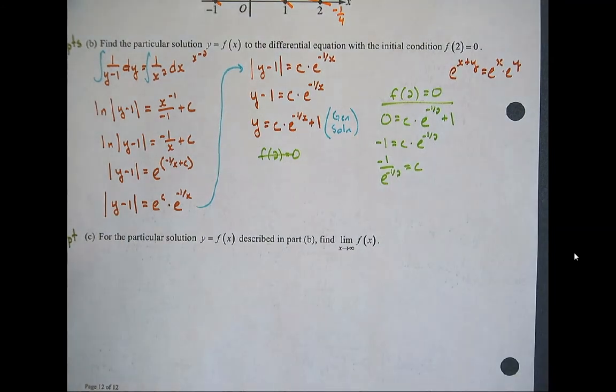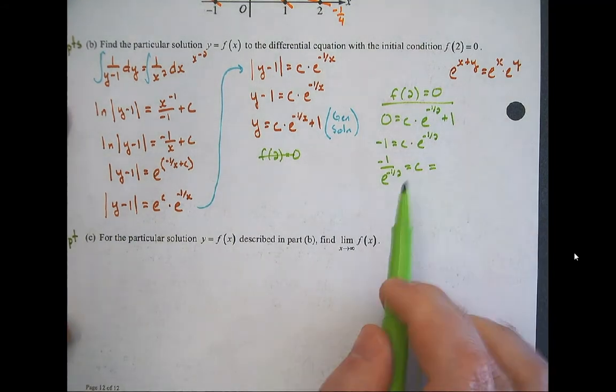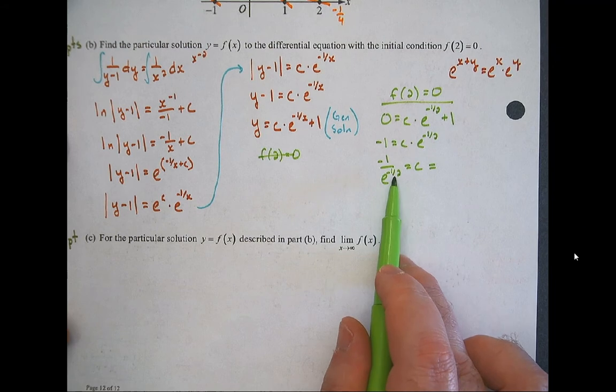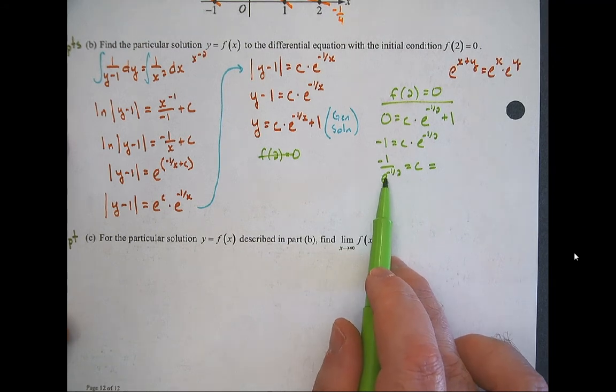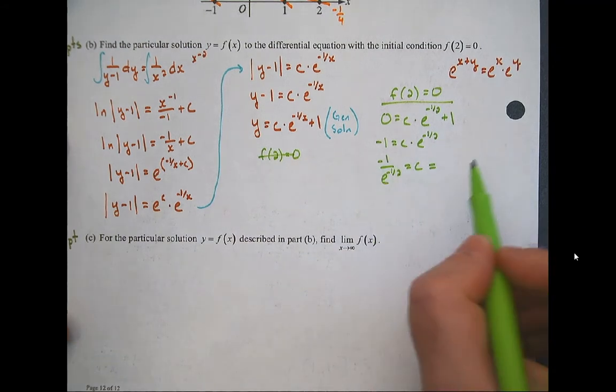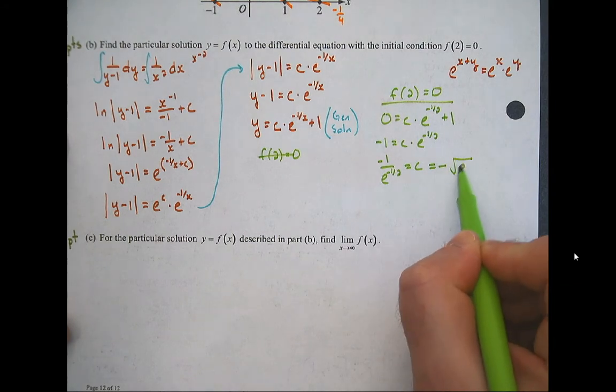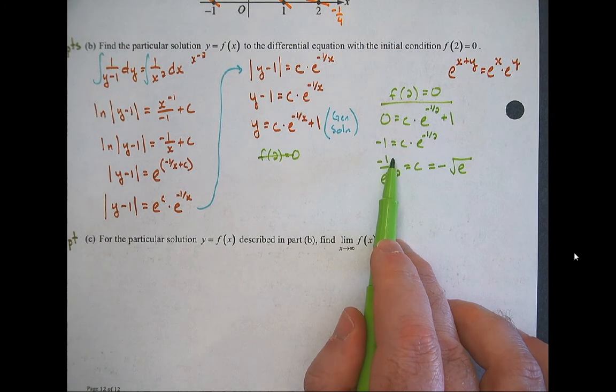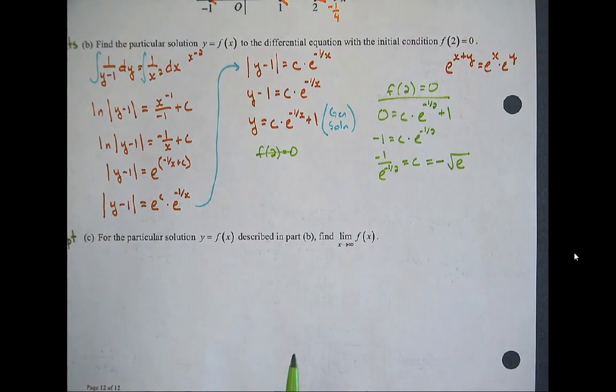Can we clean that up a little bit? Do you see that cleanup? This e is on the bottom, but what kind of exponent does it have? If it's on the bottom, I can bump it back to the top and make it a positive exponent. So this would become negative e to the 1/2, and e to the 1/2 is root e.